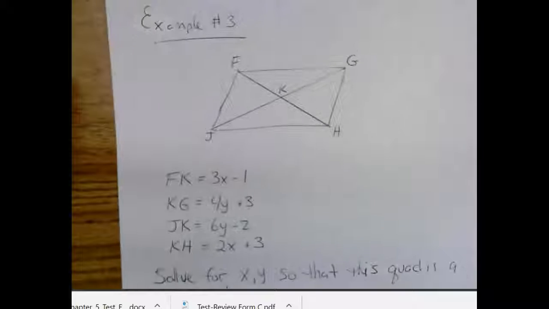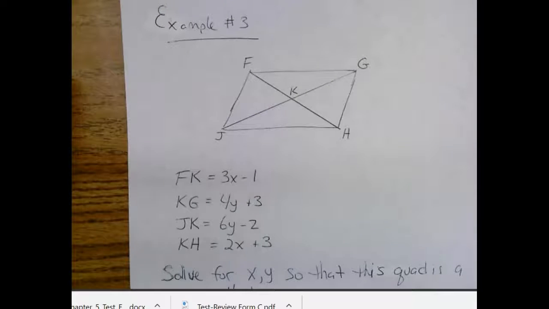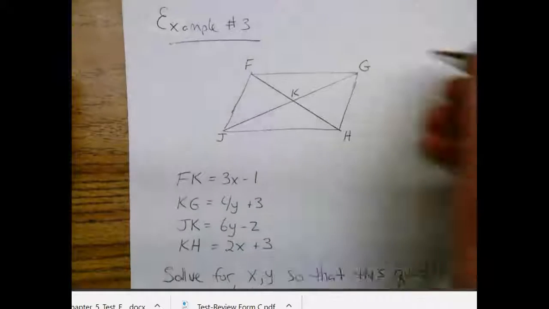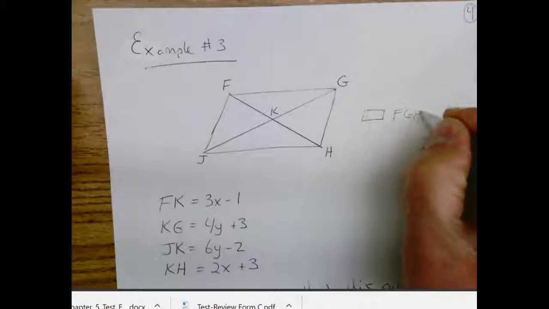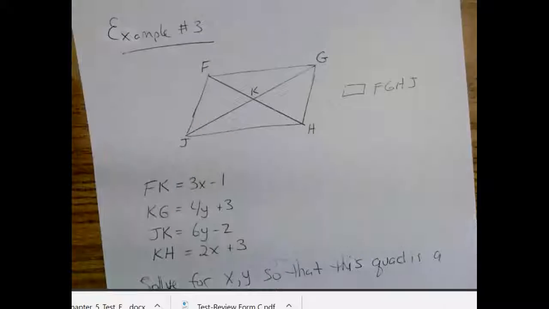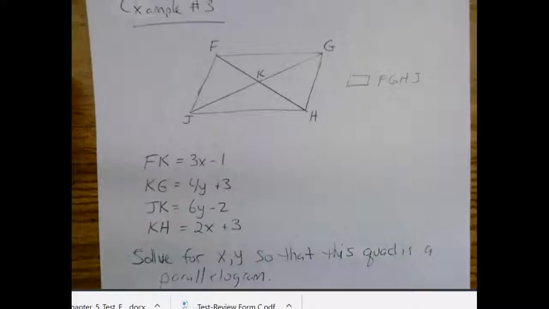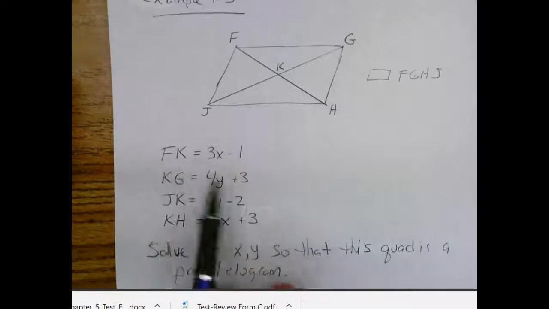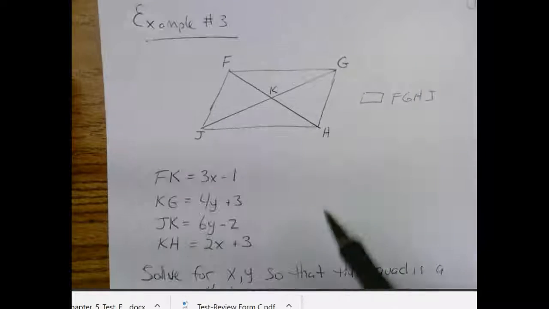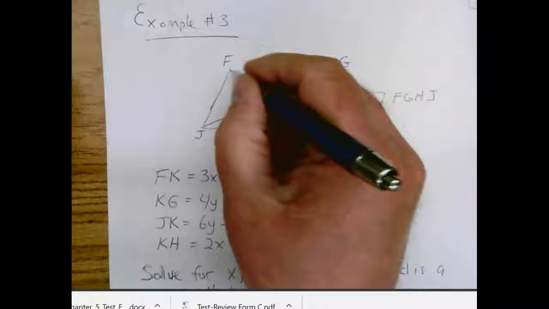Last thing we can do is use some algebra. So here we have a quadrilateral FGHJ. Let me just draw that like this. FGHJ, with a rectangle as a symbol there. And we know a couple things. FK is equal to 3x minus 1, this part right here.